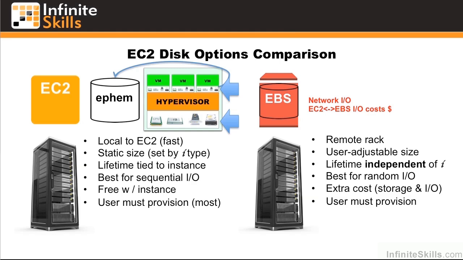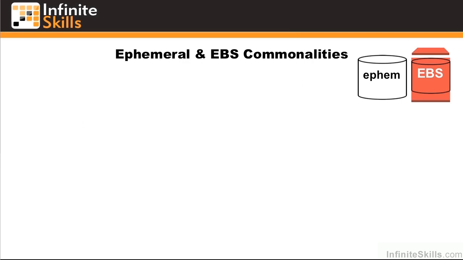The user again has to provision this disk, but this disk allows for snapshots, and it also allows for provisioned I/O. One thing to think about, you would think that the EBS volumes are overall slower since they exist in another rack, but because these EBS volumes are so fast, they're actually comparable, in many cases faster, than the EC2 instance store.